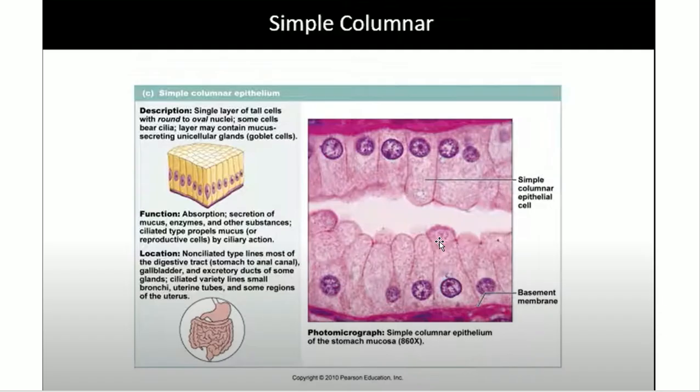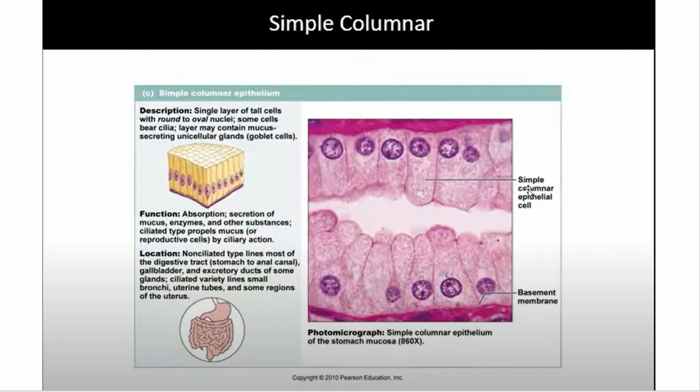Basement membrane here, apical surface here, and a hollow middle tubule. So this is where the food would be, right? If there was food moving through. All the cells are lined up in a row. They're easy to identify. All the nuclei are lined up by the basement membrane.